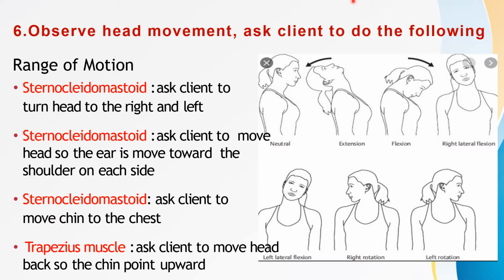Next, we ask the patient to move the head closer to the ear, both left and right, towards the shoulder, and this also assesses the sternocleidomastoid. Third, we ask the client to move the chin towards the chest, or do flexion in short, to assess as well the sternocleidomastoid. And lastly, extend the neck by putting the chin up for hyperextension.